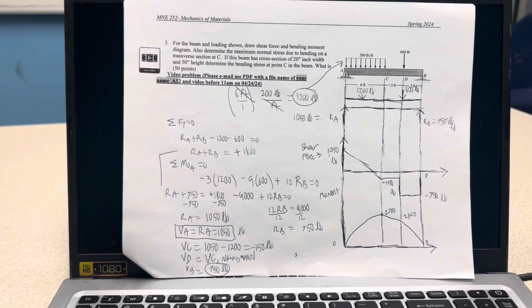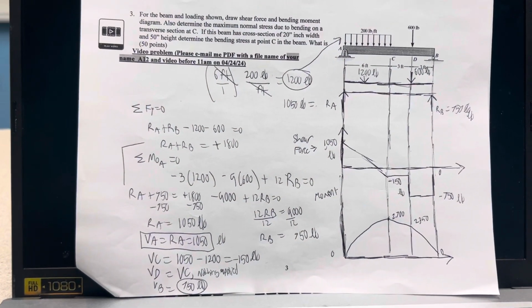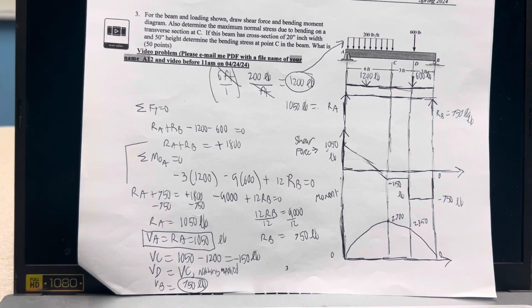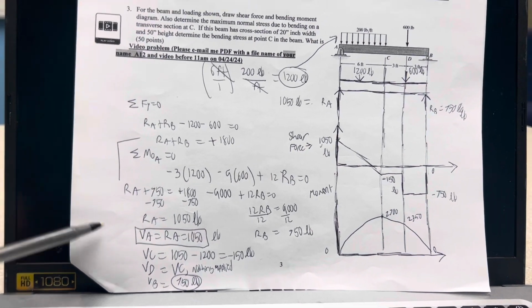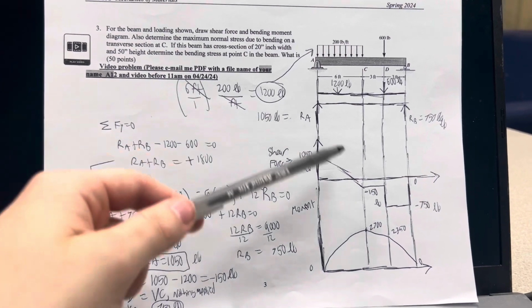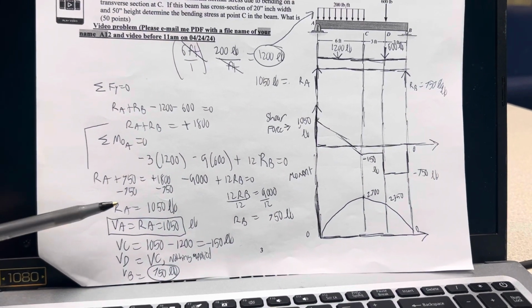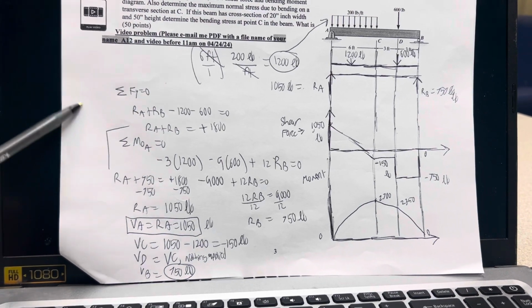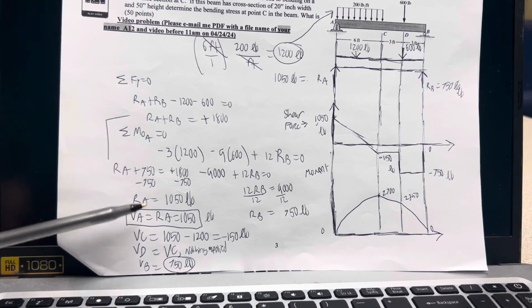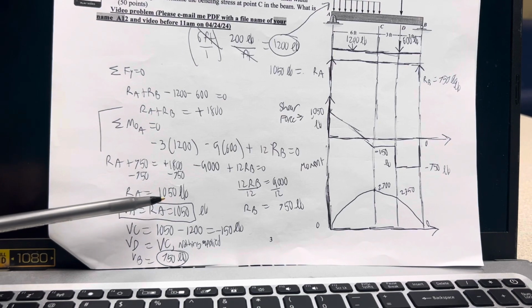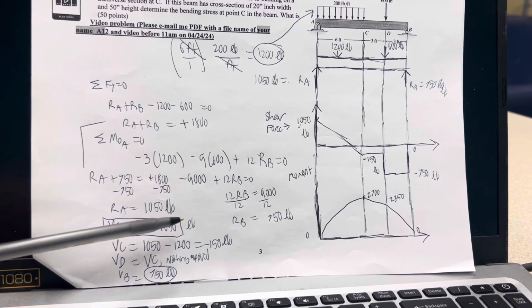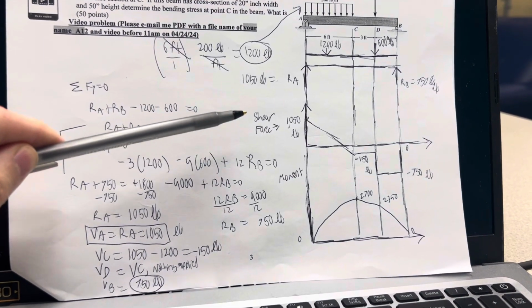Now I need to find the forces going through each part, the shear forces. I know that VA is going to equal RA, so it starts at 1,050.